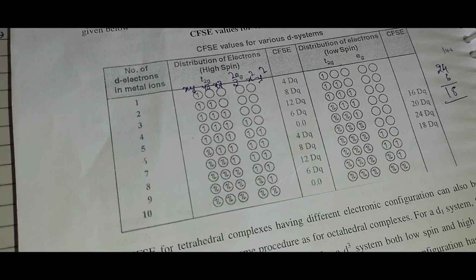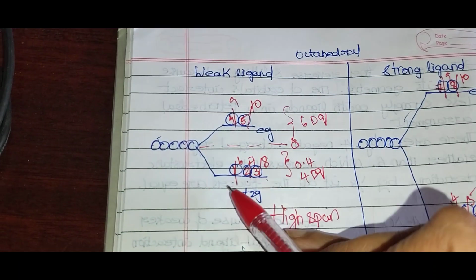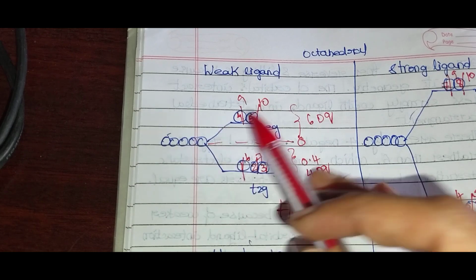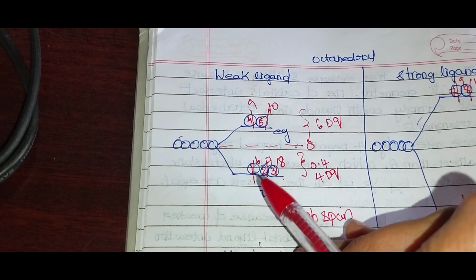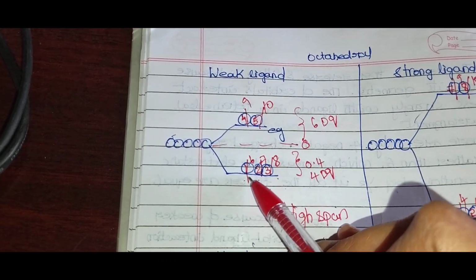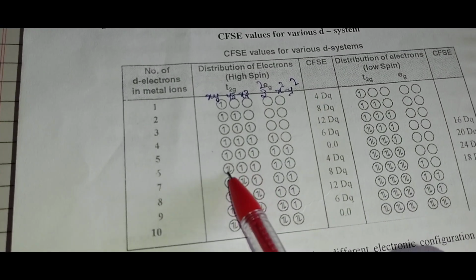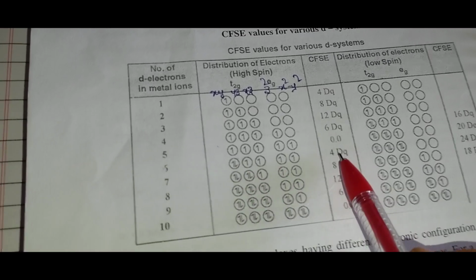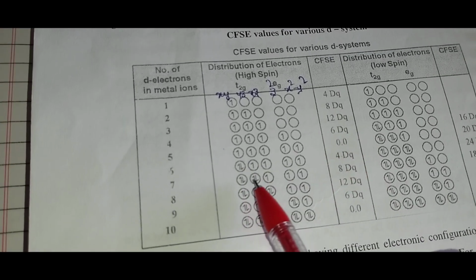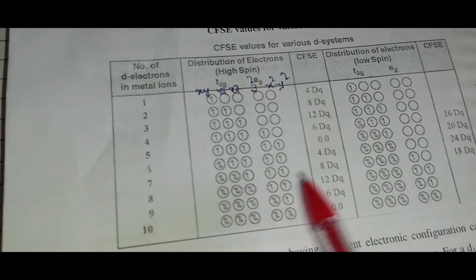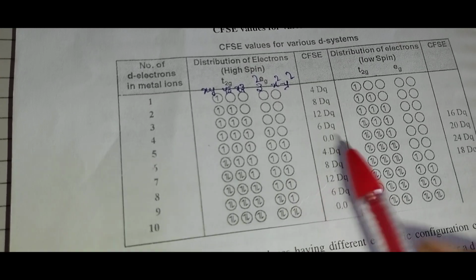Okay. Then when we come to the 6th electron, where it is. So 1, 2, 3, 4, 5 fully occupied. The 6th is coming, pairing it. So when we see the 6th electron, it is pairing in the first, so 4 Dq. When the 7th, the second one is pairing, so 4 plus 4, 8 Dq.